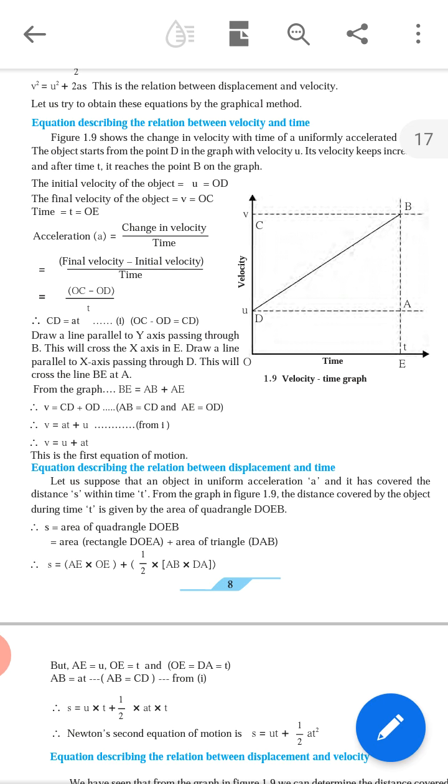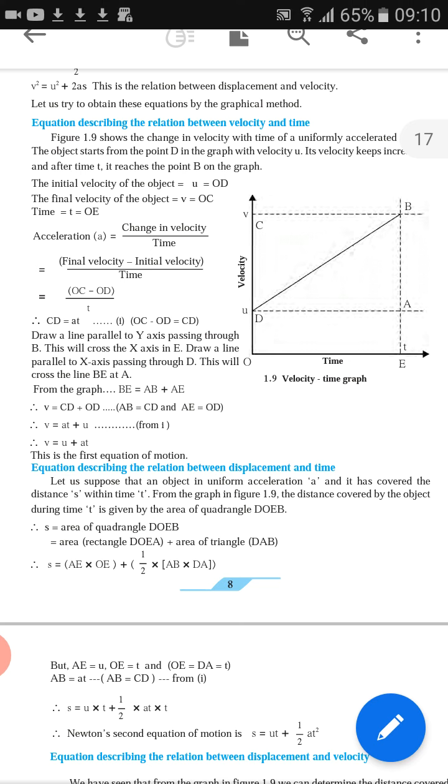From the graph, the distance covered by the object during time t is given by the area of quadrangle DOEB. This is a trapezium. Displacement s is equal to the area of DOEB.